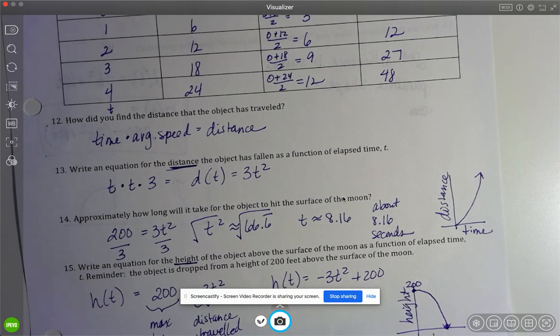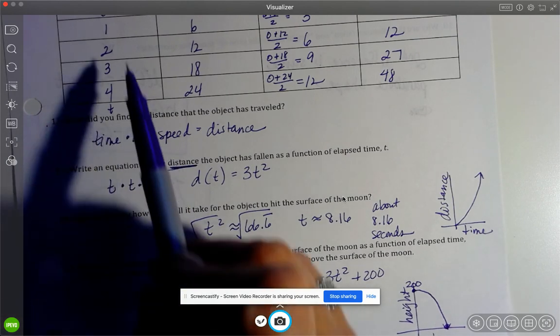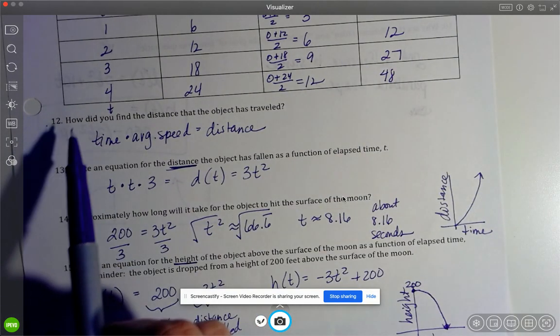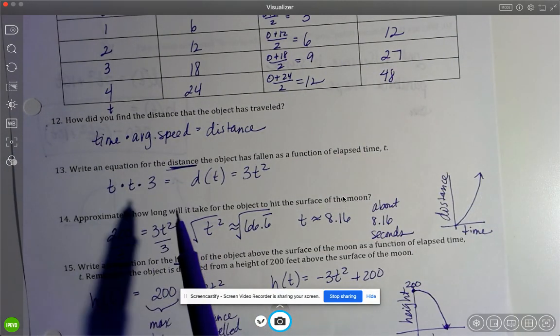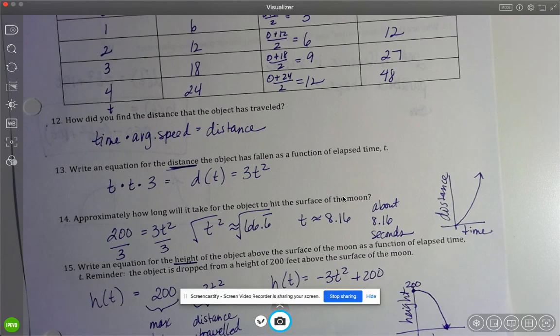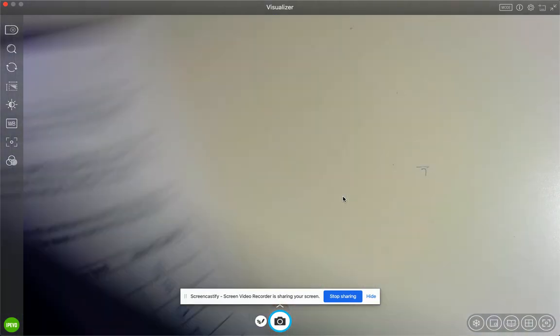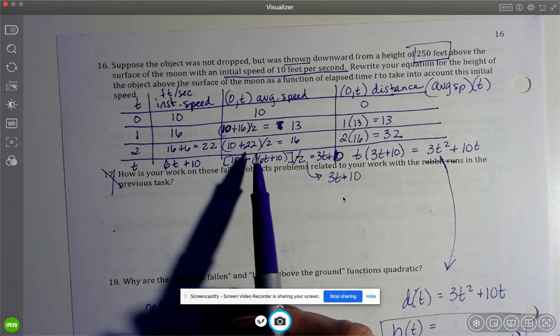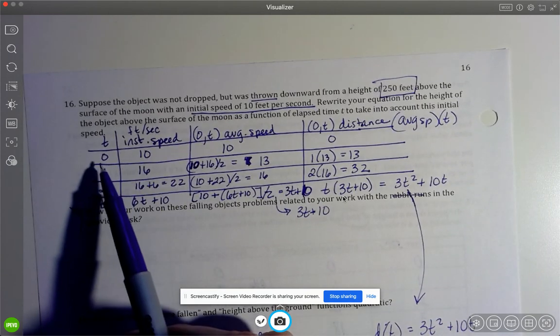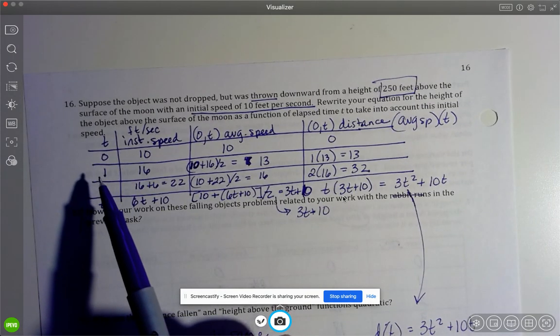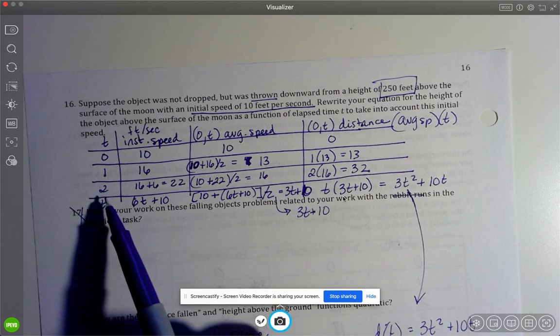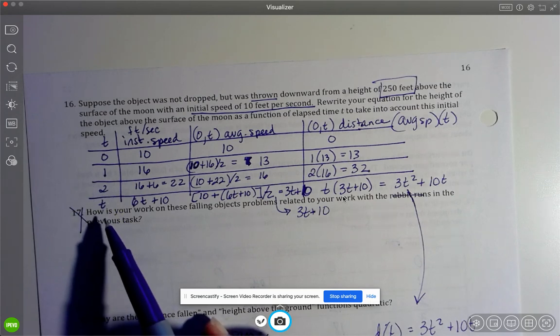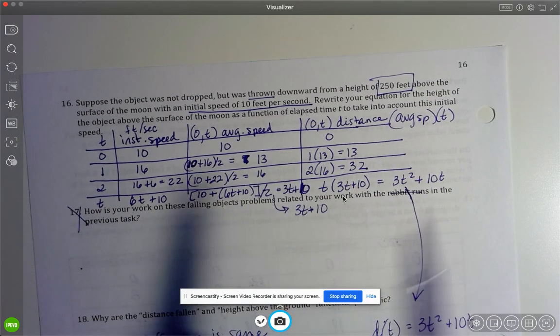Like, I'm seeing a pattern and then I extend that pattern to the t, and then that's how I get my equation. So that's why we made a table here. You kind of saw what was happening with 0 time, 1 second, 2 seconds. So what would happen at t seconds? So if you just follow that through the table, then you can see a pattern and use that pattern over and over.